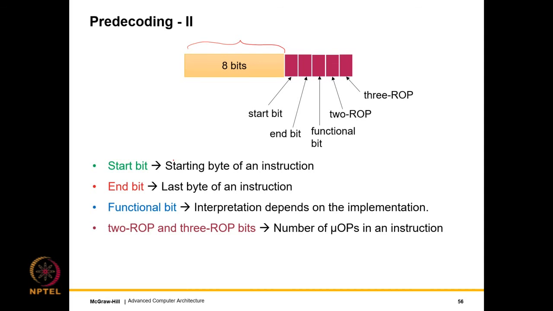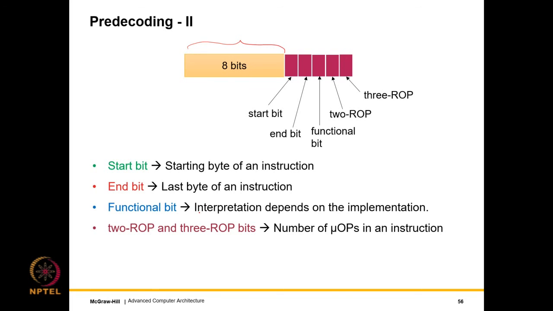One is the start bit. This indicates if this is the starting byte of an instruction. So clearly this is indicating a boundary. Also we have an end bit which indicates if this is the last byte of an instruction. So between the start bit and the end bit lie all the instruction bytes. So this can be very efficiently retrieved, right? So we can find out boundaries very easily.